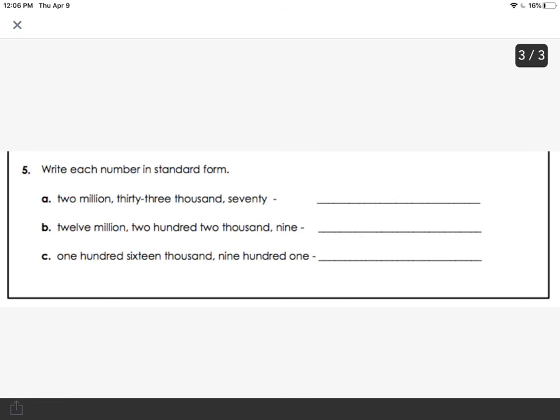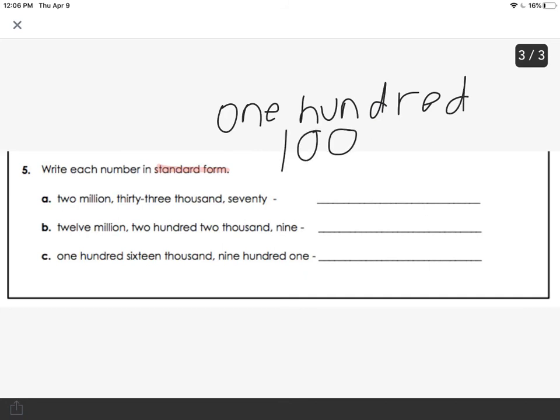For number 5, we're going back to the beginning of the school year, those different forms of number. Right now, A, B, and C are all written in word form. So that's the way that we speak it is how they're written. Standard form is that super common number form. So for example, one hundred written in word form is 100 in standard form.